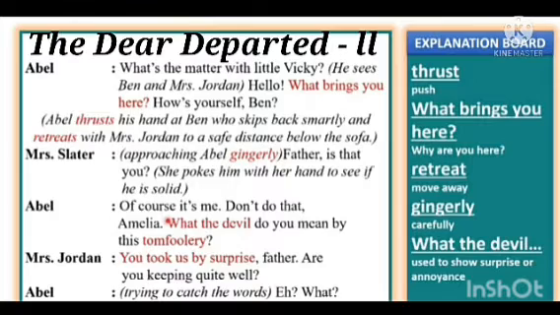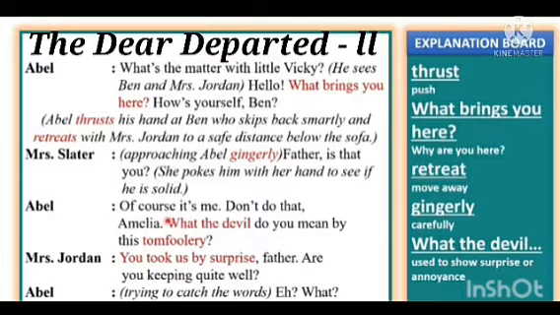She pokes him with her hand to see if he is solid or not. I mean, in this second paragraph, Mrs. Slater or Amelia was in doubt, and she couldn't believe her father was still alive.